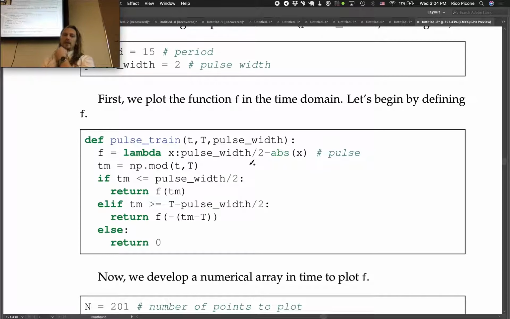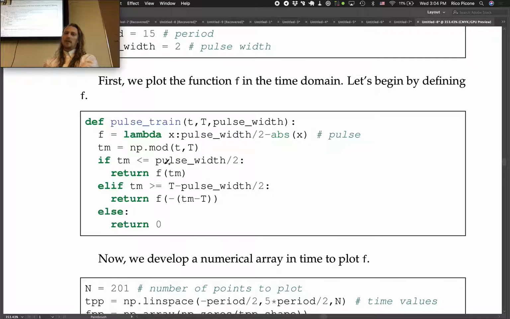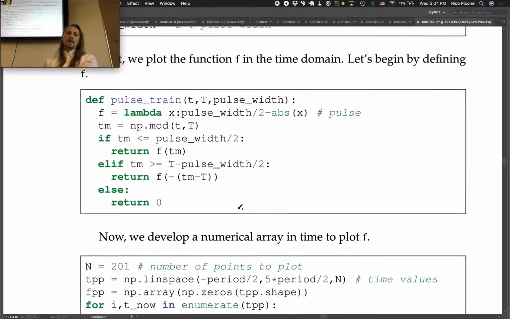And that's what I use to give us that triangle pulse. And then once we get up close to the end, I'll go back up. So the ramp down is first, and then the ramp back up is at the end of the period. And that's what we return depending on which part of the period we're in.